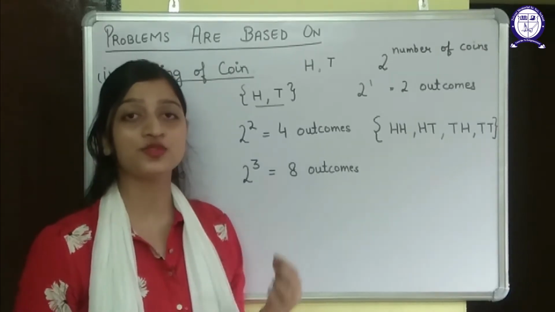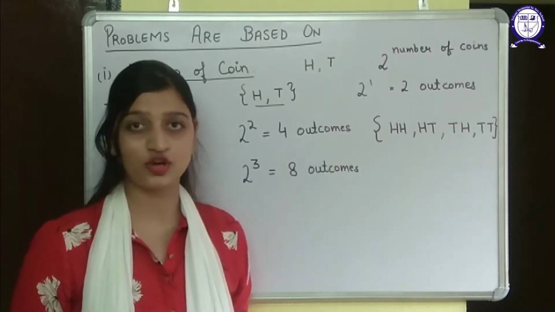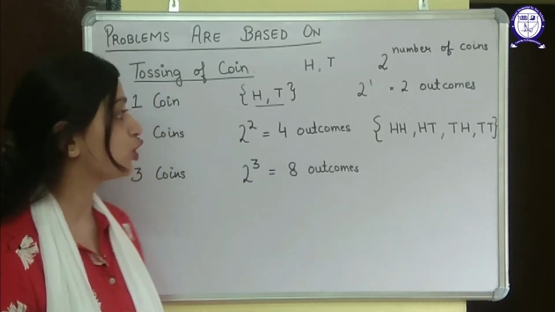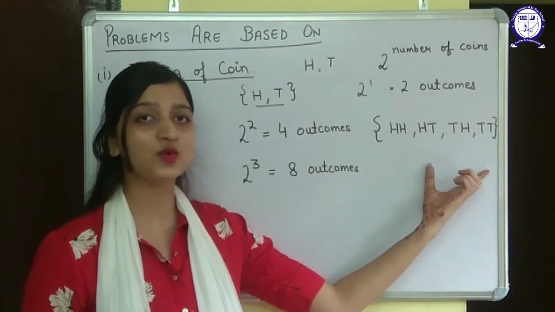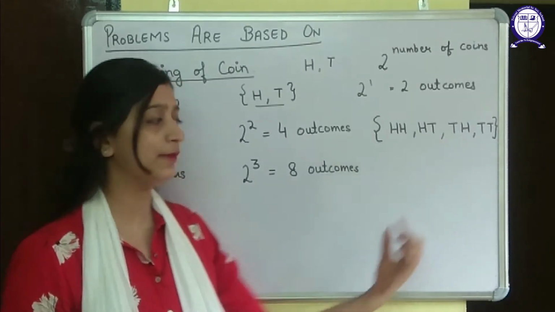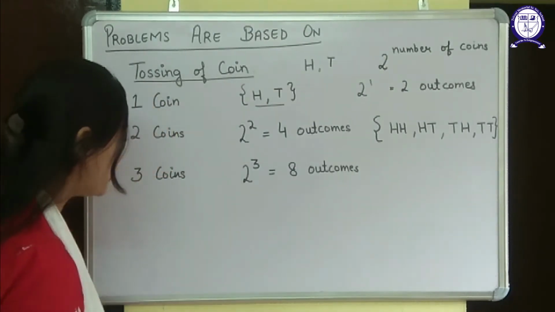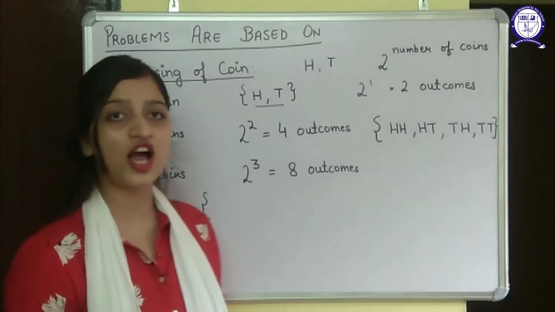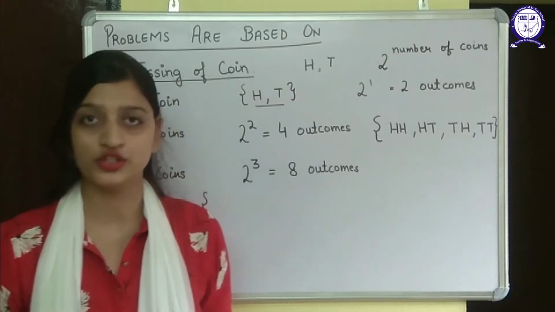So there is a small trick to remember how to find the outcomes of 3 coins. That trick can be applied for 2 coins also, but for 2 coins the sample space is quite easy to make, so I didn't use that trick, but for 3 coins I will use it. So let's see what the trick is. There will be no mistakes if you follow this trick.